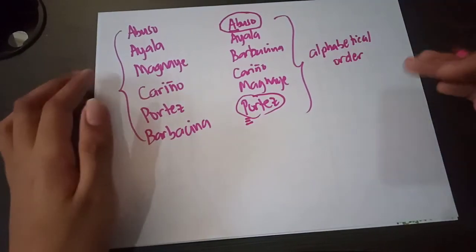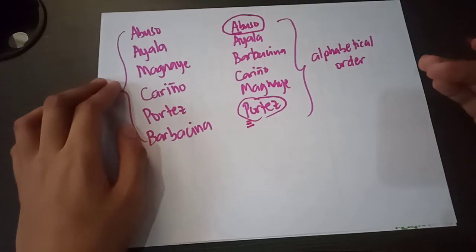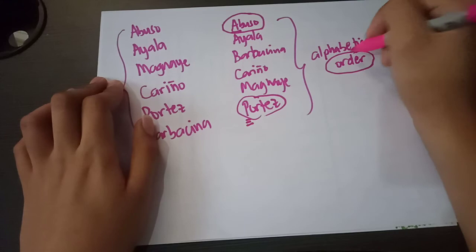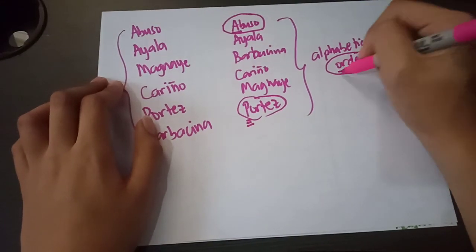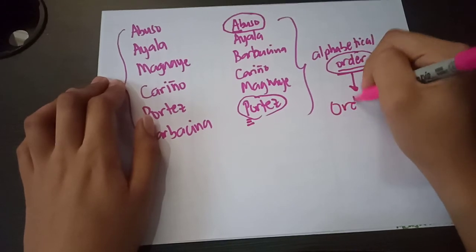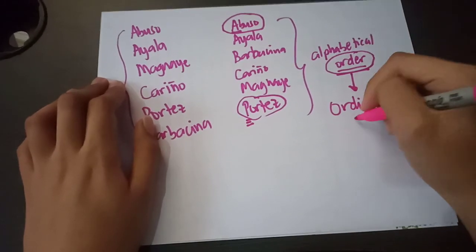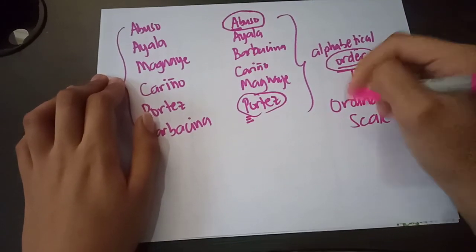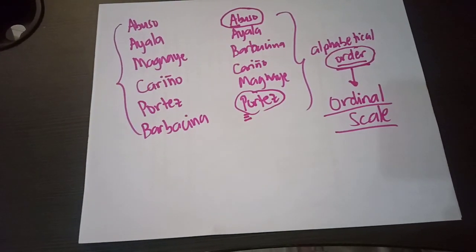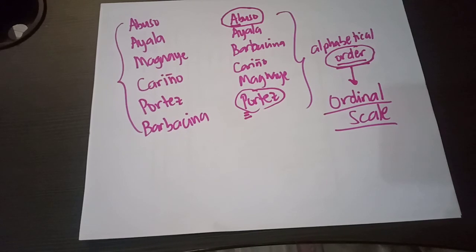And nominal values that are arranged in a sense of order, any kind of order, will be known as the ordinal scale. So, in our next video presentation, we are now ready to shift to the second level of measurement, which is the ordinal scale.